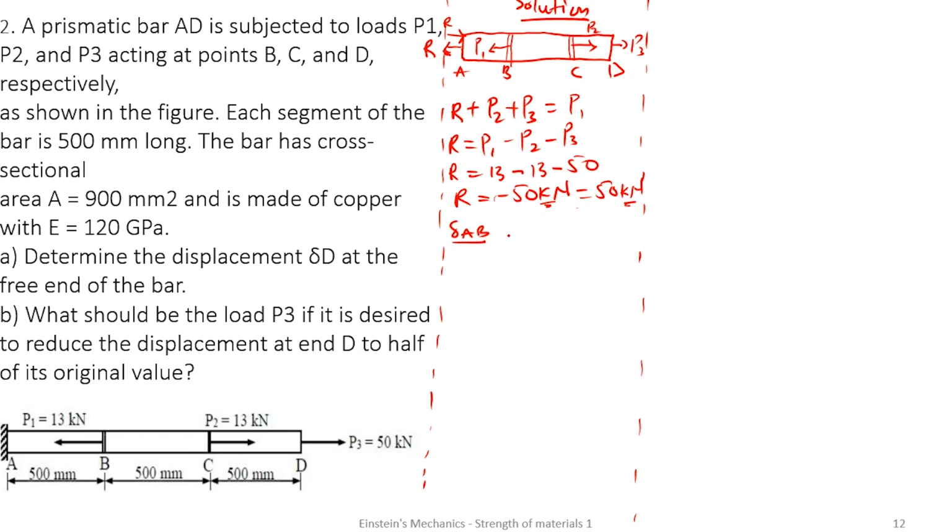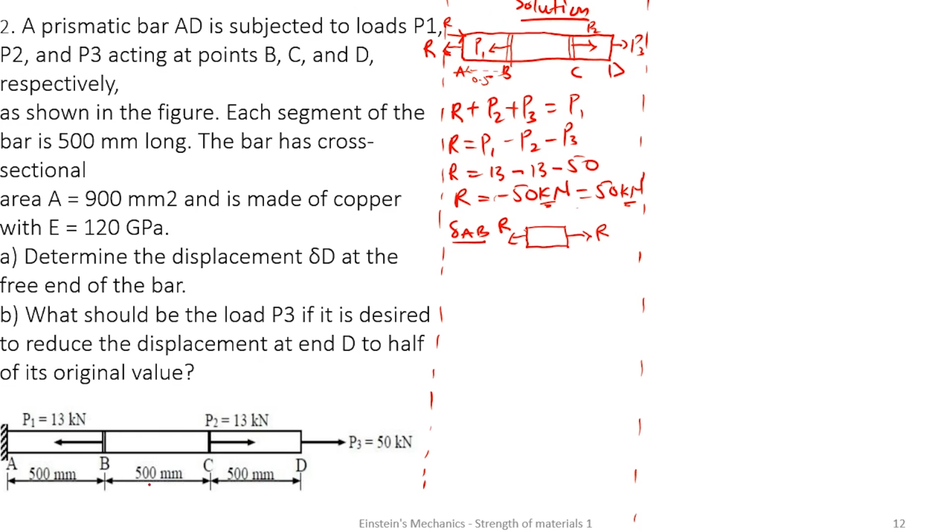What is happening? If I make a section in AB, this is what I'm going to see. I have my R here, and it's also going to give me an R here. That's for AB, if I cut through. And I know the value of R to be 50 kilonewtons. I know the length of AB to be 500 millimeter, which is 0.5.